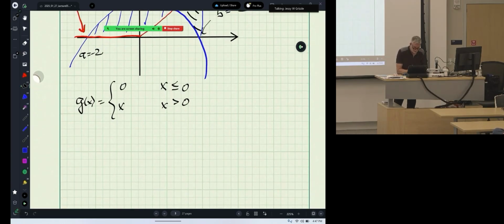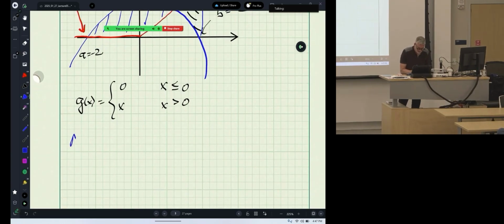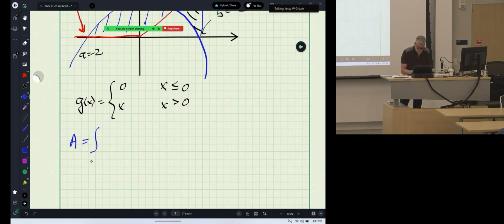So we want to compute A equals the integral from minus 2 to 2 of f of x minus g of x dx.